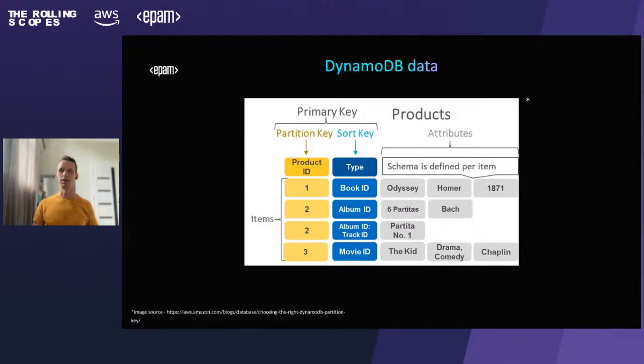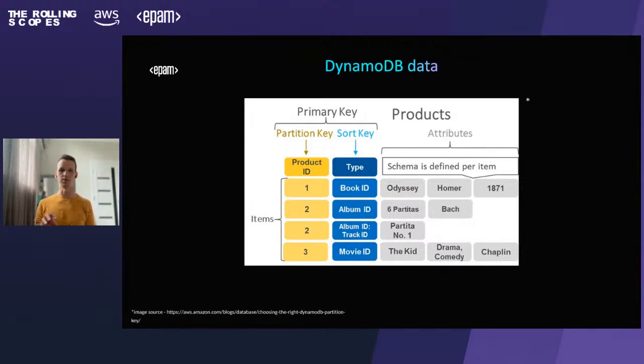But maybe a better example: you may use, for example, user ID, and this user may be the customer of one cafe and another cafe.